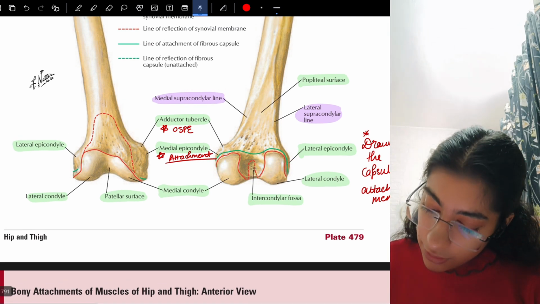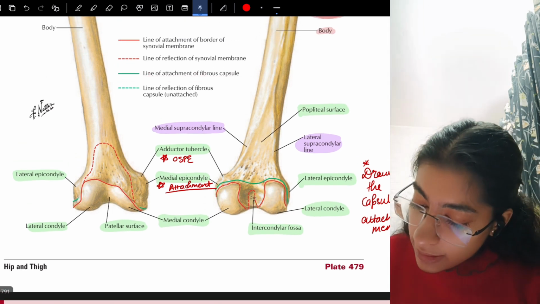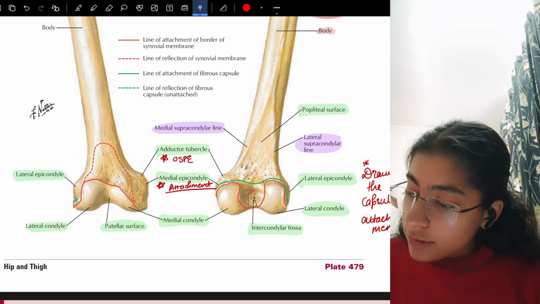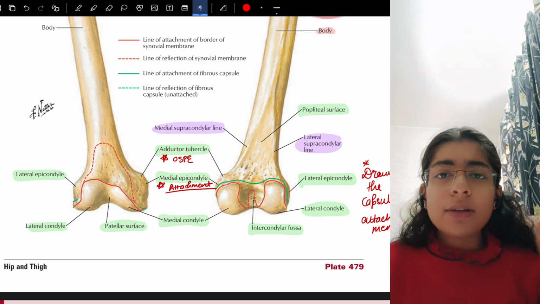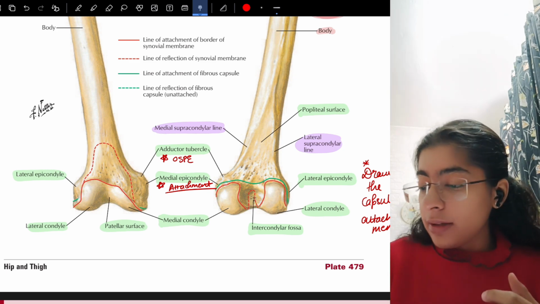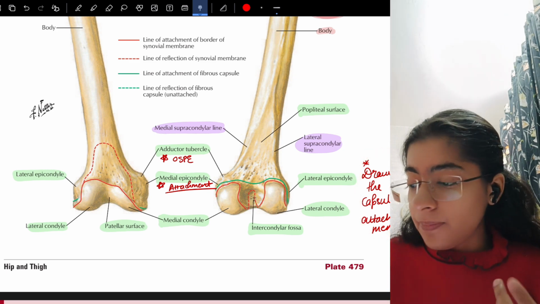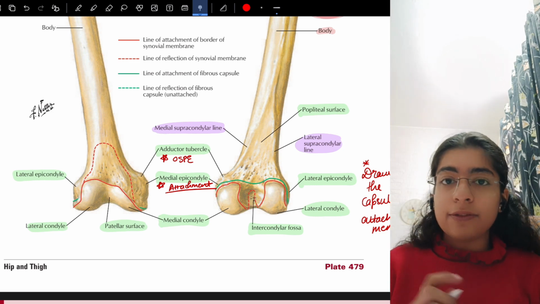Now you can see they have drawn the line of attachment of the fibrous capsule in green, right? So a viva question or a grand viva question can come: draw the capsule attachment. Where is the capsule attached on the lower surface of the femur?